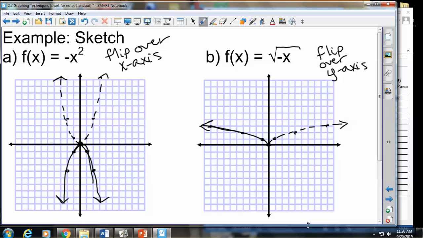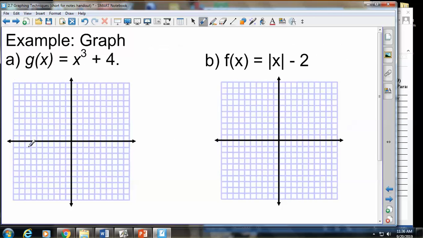Do we need more of the reflecting examples? I'm going to skip the next slide then. I'm going to go to this one. So the first one, x cubed plus 4, what would this do?